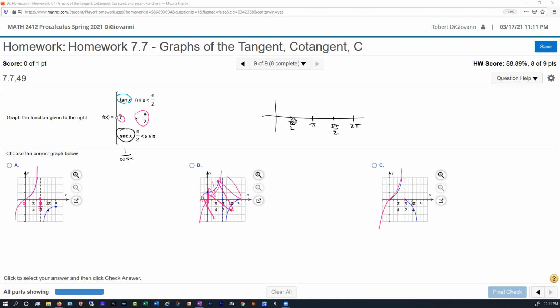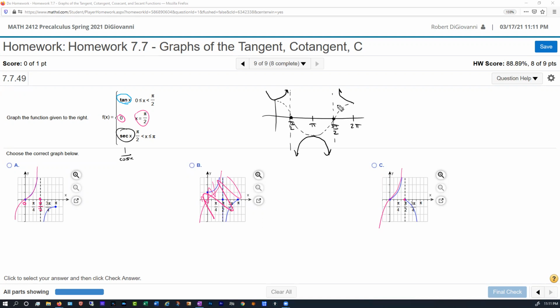And when we graph cosine, we have x-intercepts here and here. And it goes like this. This is what cosine does. Comes down, comes back up, goes like that. And then anywhere we have x-intercepts, we have vertical asymptotes on the secant function. And then we have these little parabolas that go like that, and then like this, and then like this, okay?